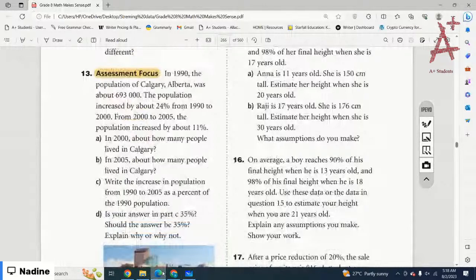From 2000 to 2005, the population increased by about 11%. A, in 2000, about how many people lived in Calgary? B, in 2005, about how many people lived in Calgary? C, write the increase in population from 1990 to 2005 as a percent of the 1990 population.